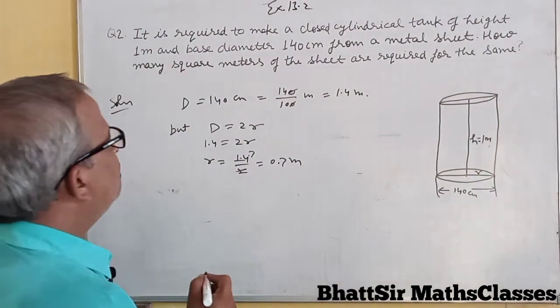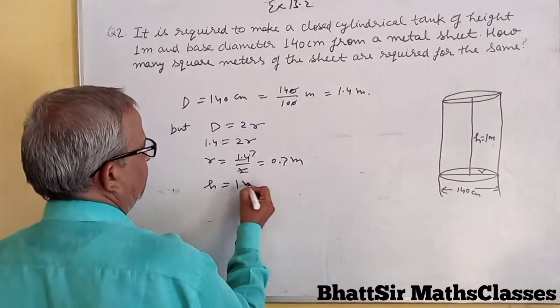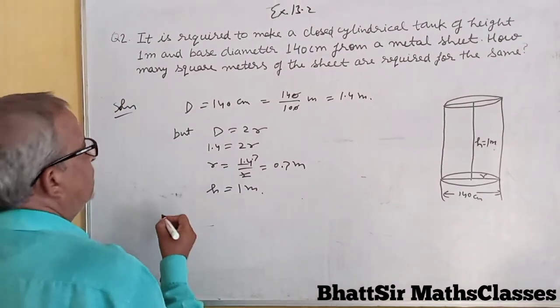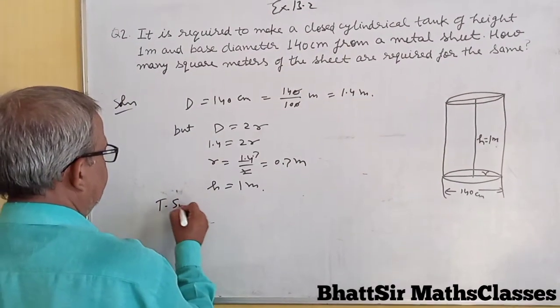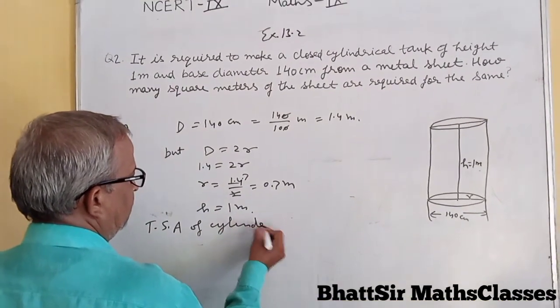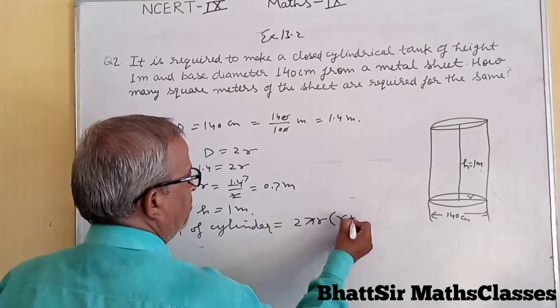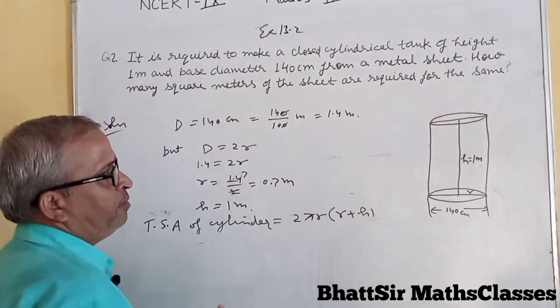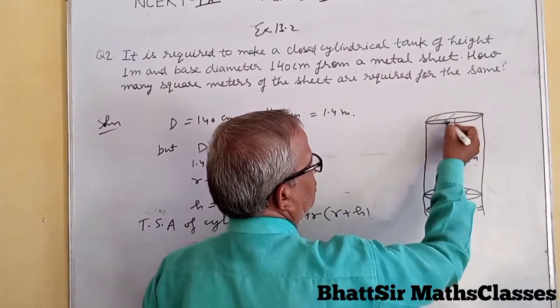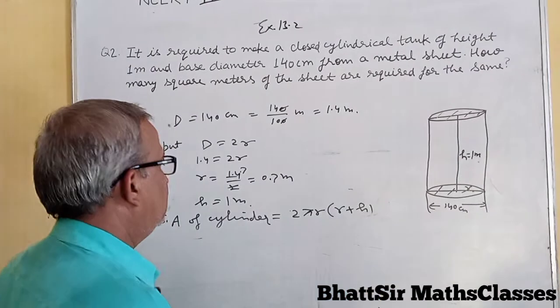So in this question, height is given in meter, 1 meter. So the TSA of cylinder equals 2 pi r (r plus h), because this is a closed cylindrical tank. So this is 2 pi r square.